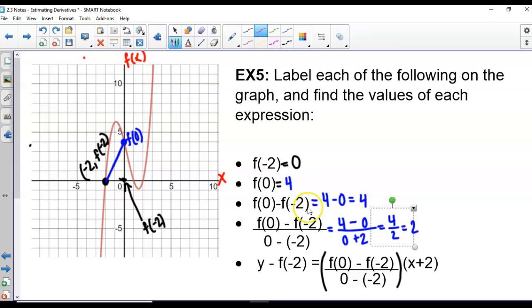So what this is here is the difference in y coordinates from f of 0 to f of negative 2. So it's that vertical distance there. So if you were going to label it, I guess I should put a line over here. On the graph, it would look like this. That slope, it would look like this.